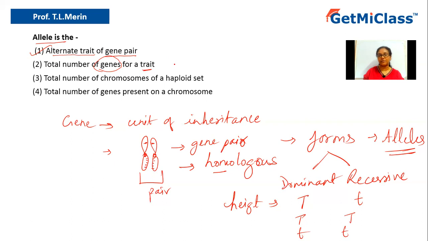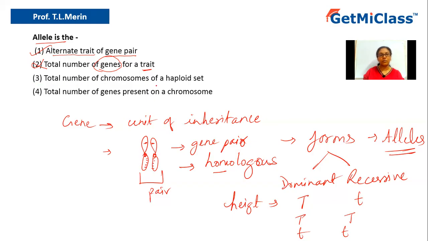That is an example. You also have genes which are present in multiple allelic forms, but that's a different case. Basically alleles are different forms of the same gene pair. So option 2 is incorrect because here we are considering the total number of genes, not talking about an individual gene. So it is totally incorrect.